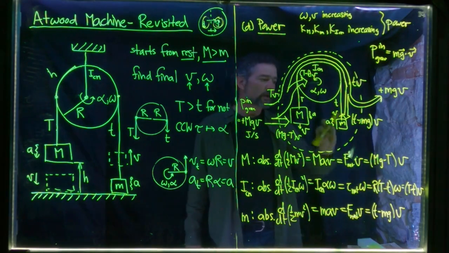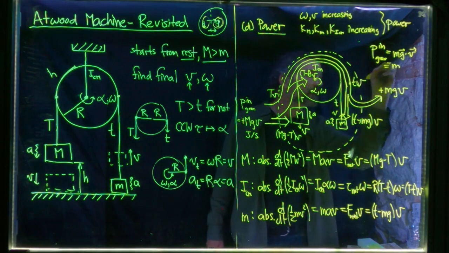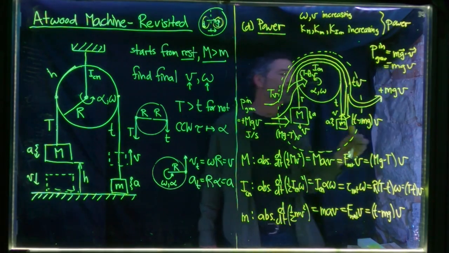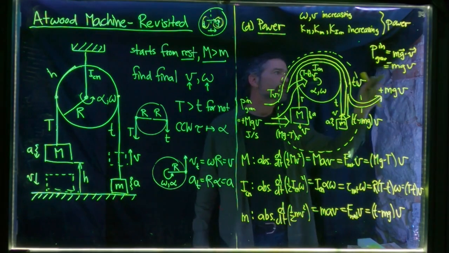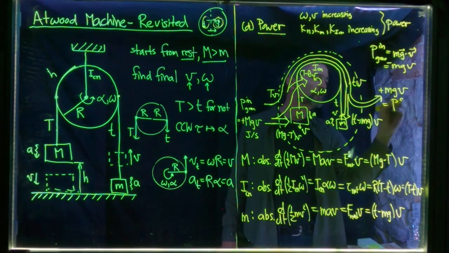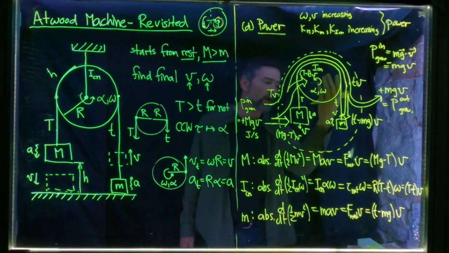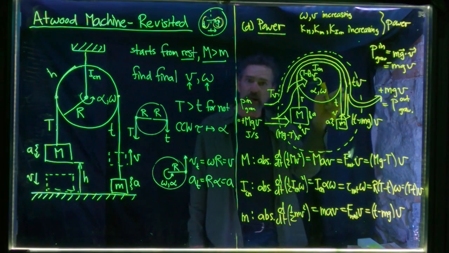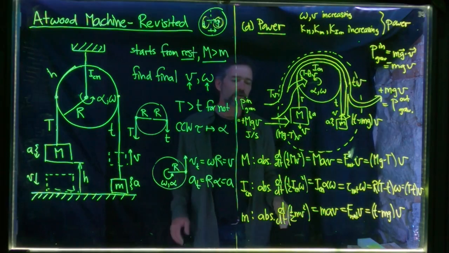But mg and the velocity are in opposite directions, so this is negative mgv. So the gravitational power flowing in is negative mgv, so the gravitational power flowing out of the system is positive mgv. So this is power out, gravity. Isn't that cool? And it's flowing out, of course, because M is rising up, and so there's energy being transferred into the gravitational field.